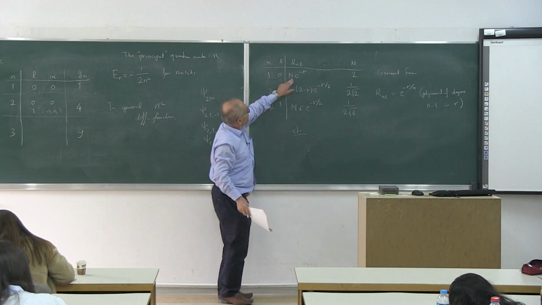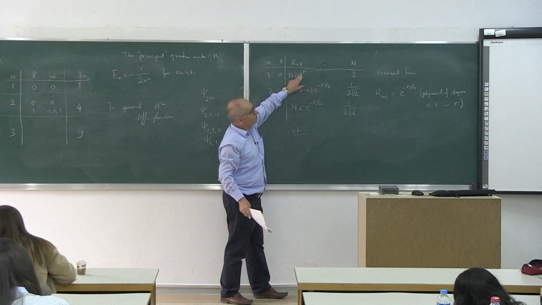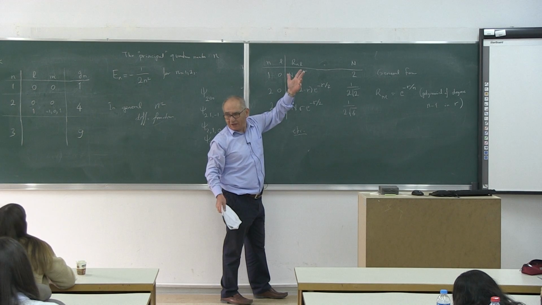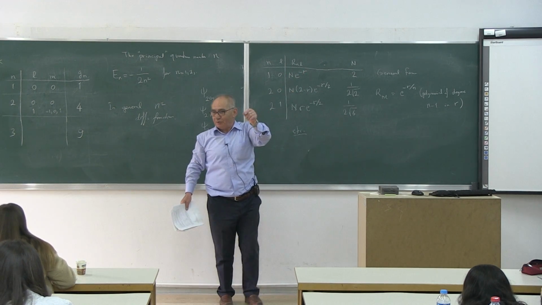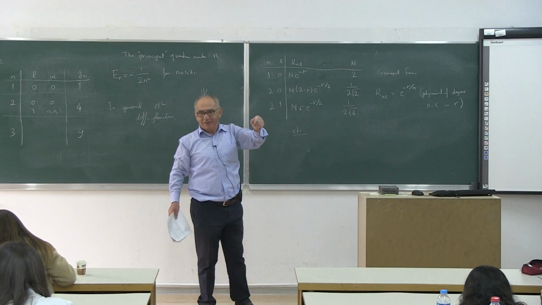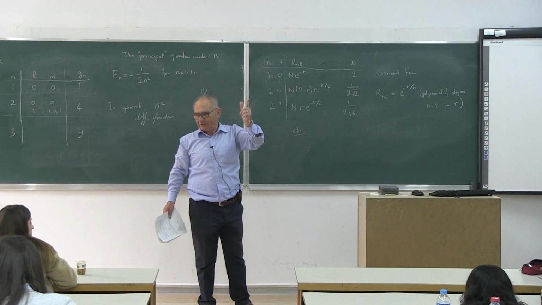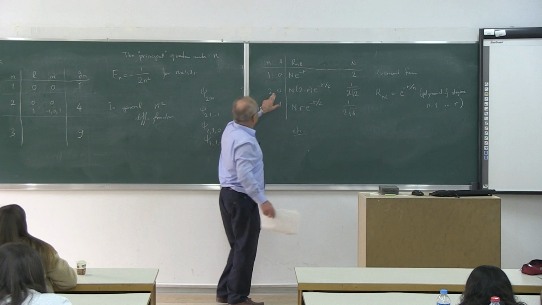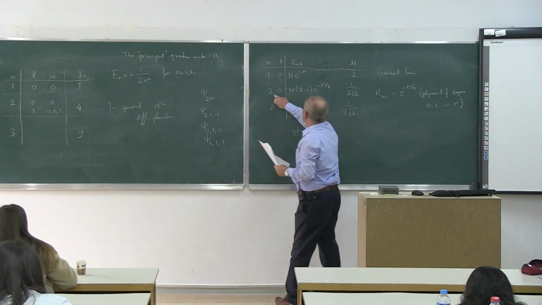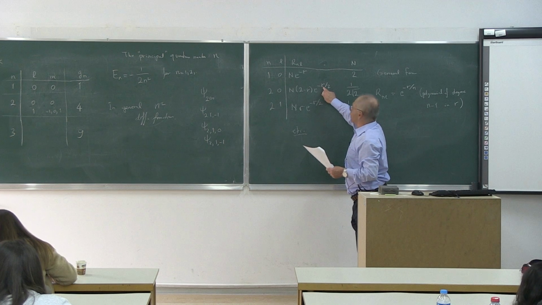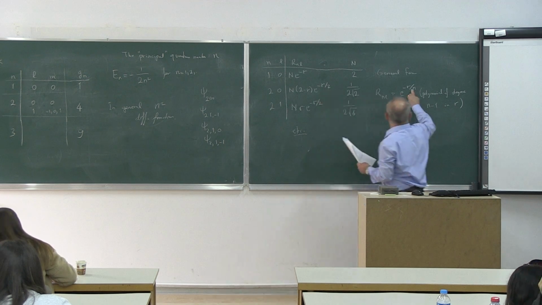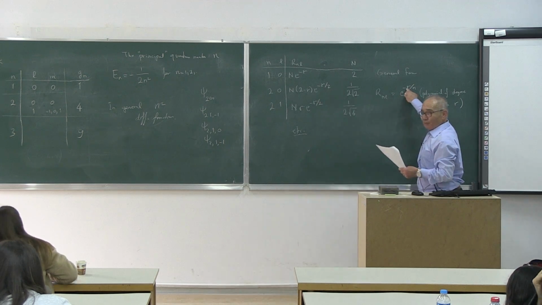Look at the first one. n is 1 here. This is e to the minus r over 1, which is just r. And the polynomial is 0th degree. 0th degree polynomial means just a constant. In the second one, the exponential factor is e to the minus r over 2. It fits this. n is 2, so r over 2.